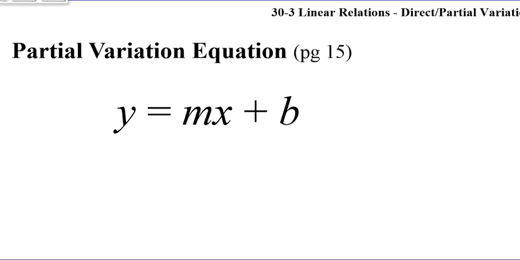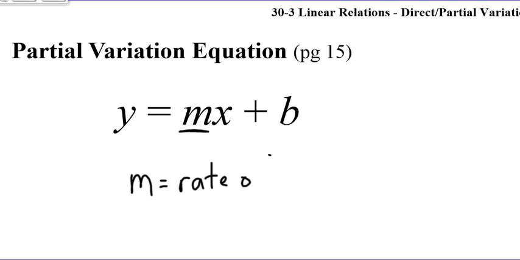And that's where we come up with the partial variation equation, y equals mx plus b. This is what everything hinges upon as we move forward in this unit. Y is our resultant value, but the key is slope. What does the slope represent?